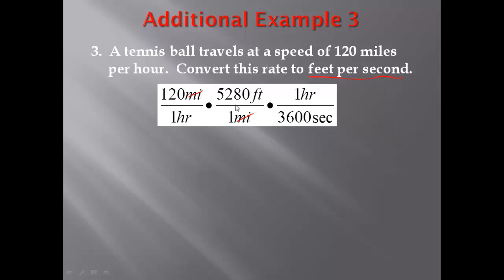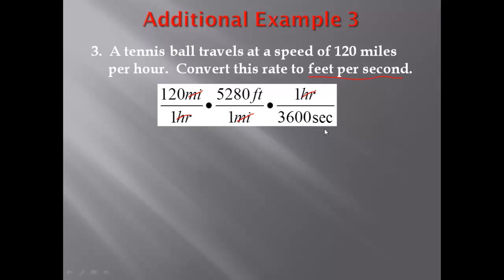Next, I need to change 1 hour to seconds. 1 hour is on the bottom to start with, so it needs to be on the top of the last fraction here. So I'll put 1 hour on the top, and the conversion would be then 3,600 seconds on the bottom. All I've left on the top is feet, and the bottom seconds.